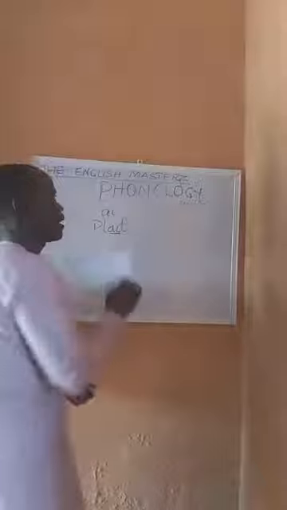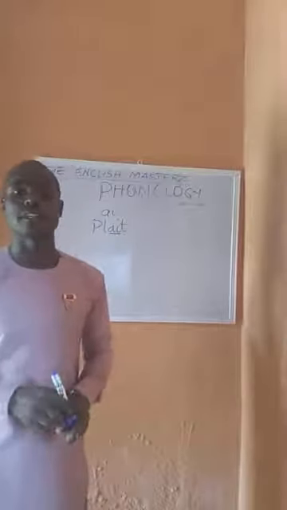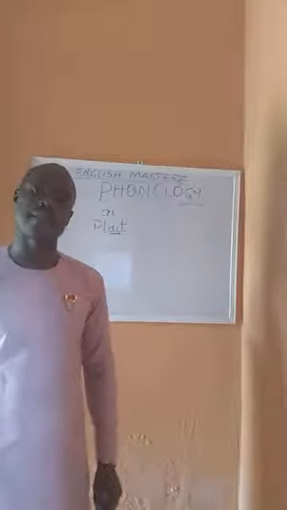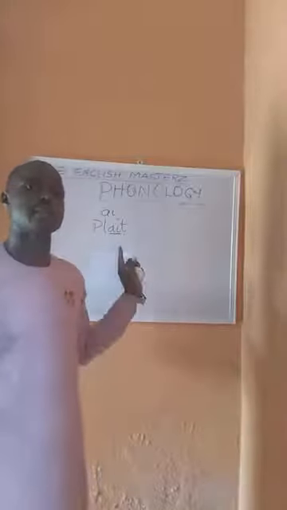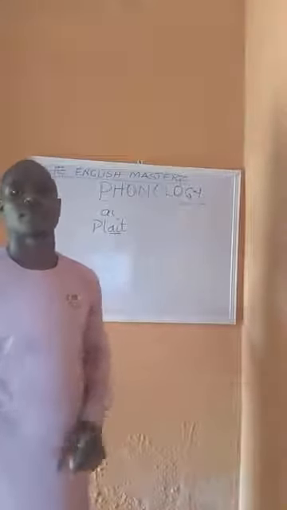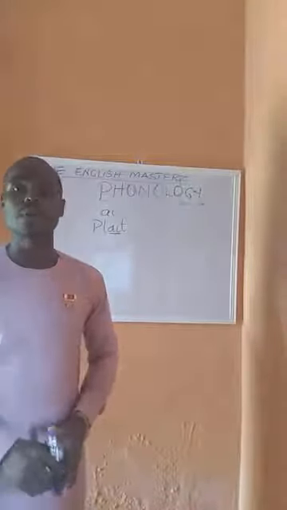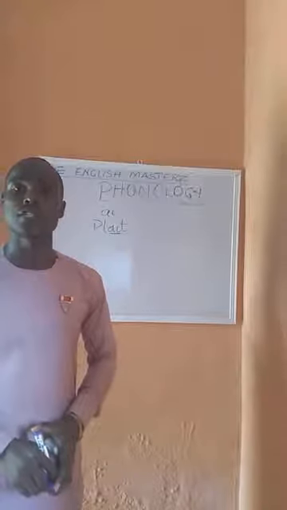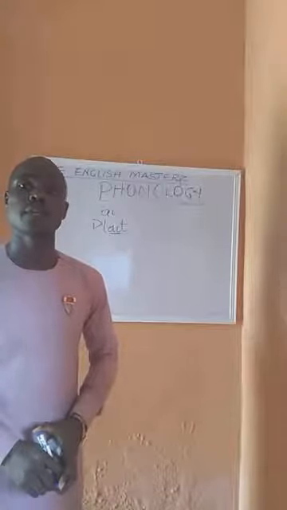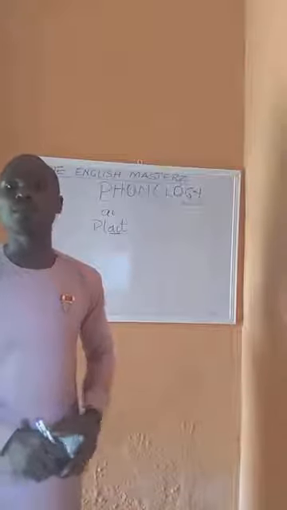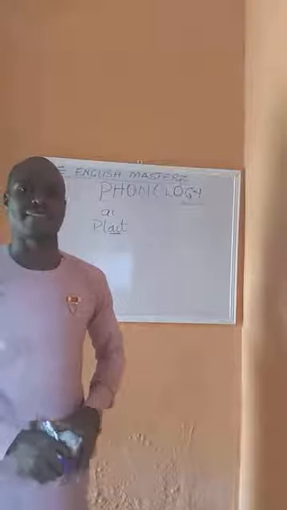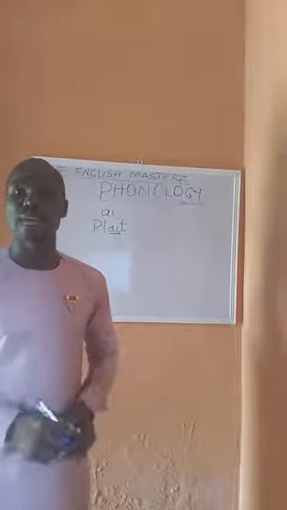True. AI here shows realization for the short A sound. So you say plant. It also shows realization for the diphthong A sound. So you can also say plate. You see it, right?